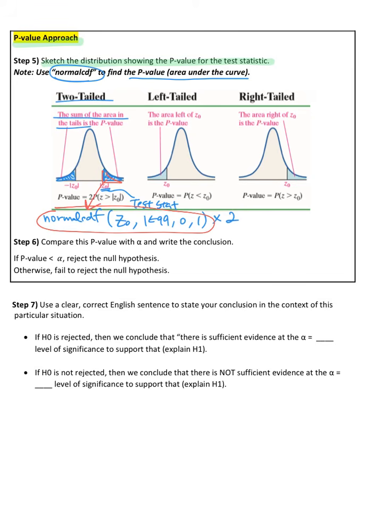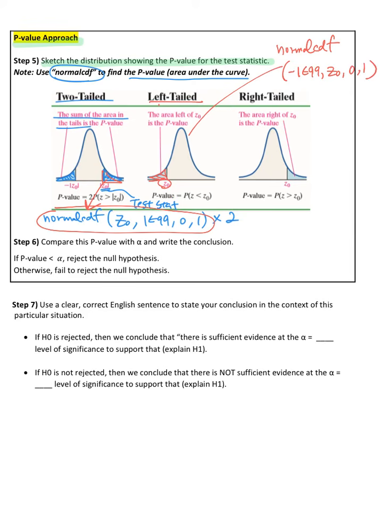For the left-tailed test, you're going to be calculating the area to the left of the test statistic. So you do normal CDF, with negative 1E99 as the lower bound, then Z sub 0, the test statistic, and 0, 1.